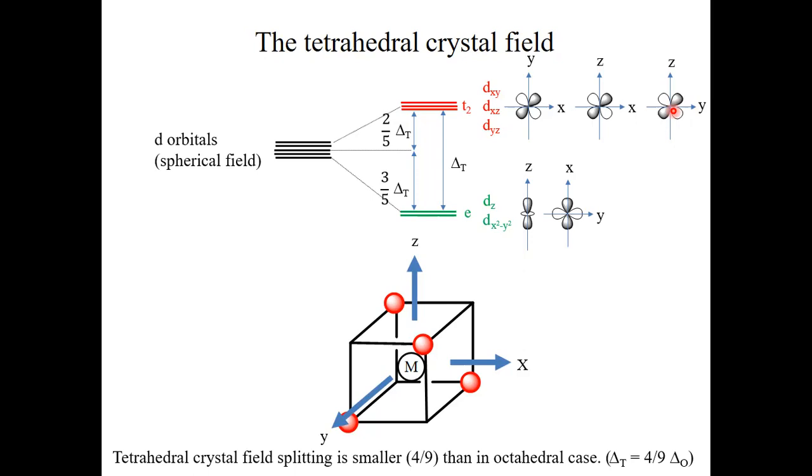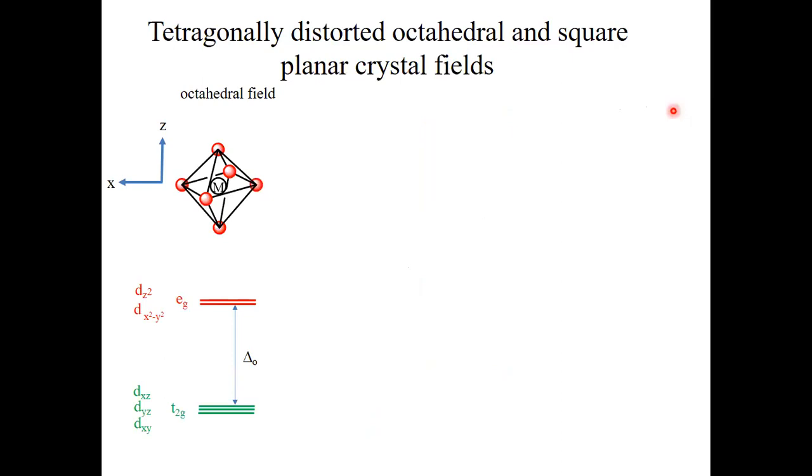All right. So now let us go from the tetrahedral crystal field to a tetragonally distorted octahedral crystal field and a square planar crystal field. So we will see that these crystal fields are interrelated.